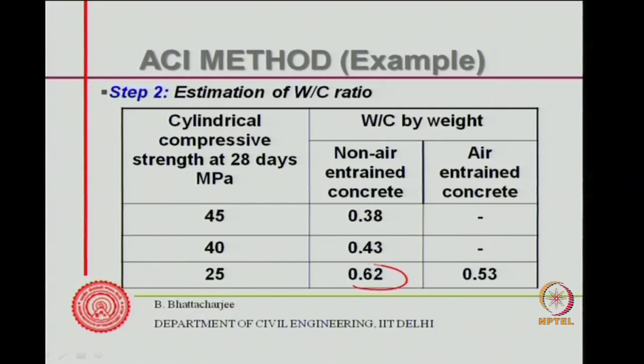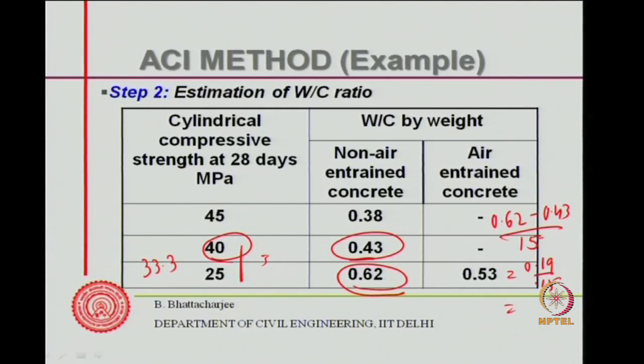So, from 25 it is 0.62, for 40 it is 0.43, and in between values are also given, which we have not taken. Now our value is 33.3. So 0.62 minus 0.43, divided by 15, which is 0.19 divided by 15, will come out to roughly 0.013 per MPa.